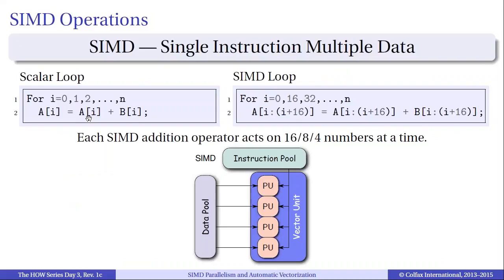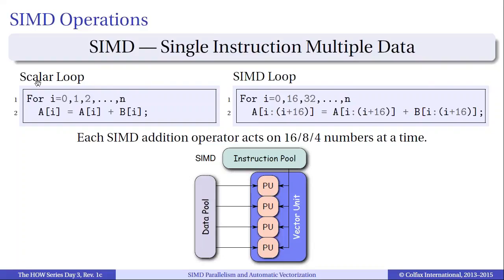Suppose I'm adding two arrays together, A and B, and each array has n numbers where n is in the hundreds or in the thousands. If I do this addition one element at a time, I would call it a scalar calculation.